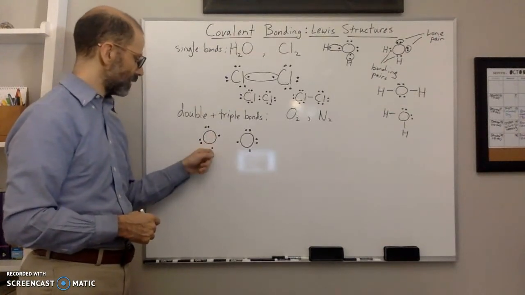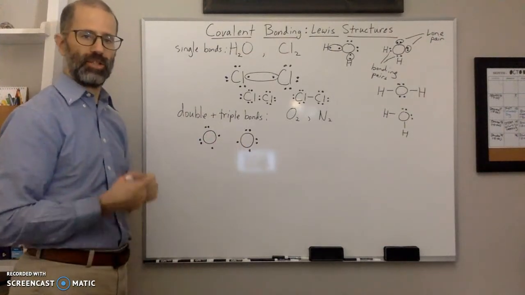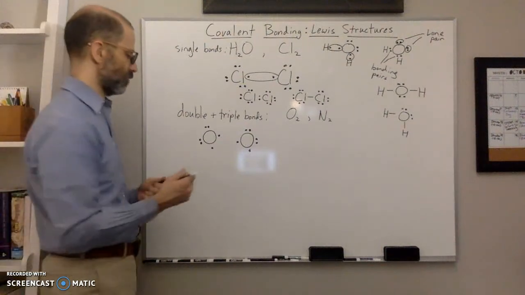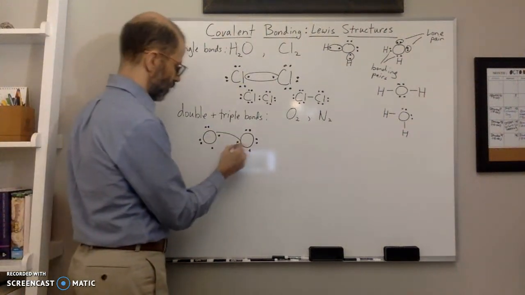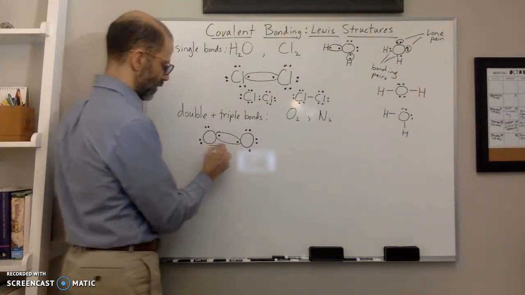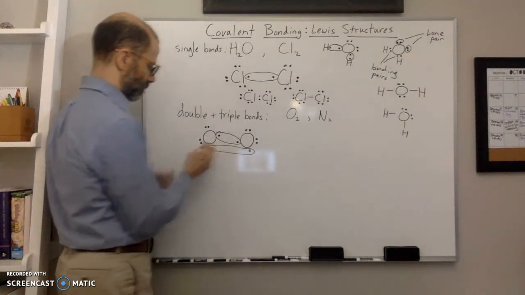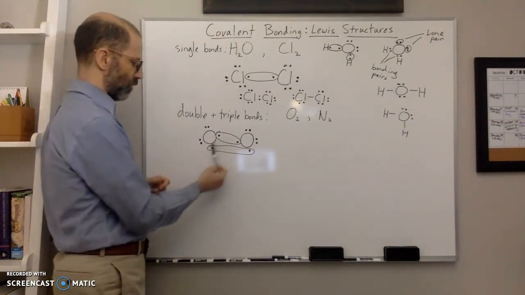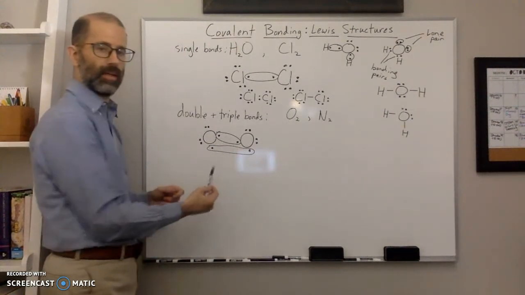This has 2 electrons to share, and so does this. So we're going to pair up those unpaired electrons. So these 2 get paired up, and then these 2 get paired up. So there you have 2, that's your double bond.